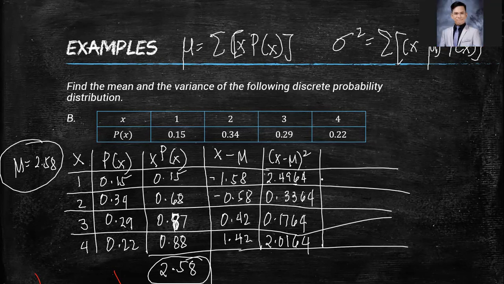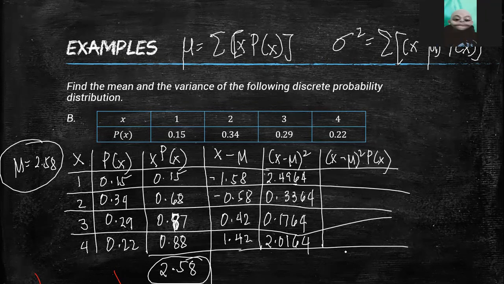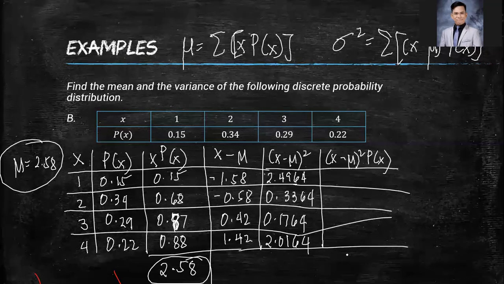Ano yung nawawala? Yung p of x, di ba? So, ano nang gagawin natin? I-times yung mga 2.4964, yung mga ka-row niya, to the probability doon sa pinakaunan banda.